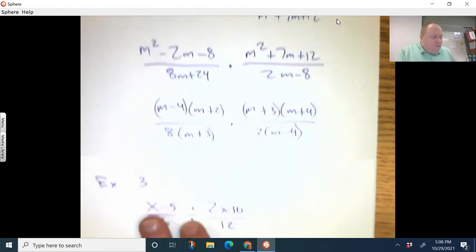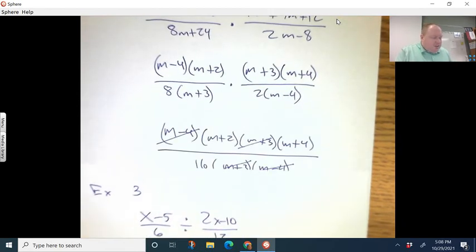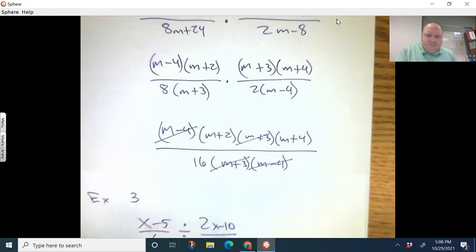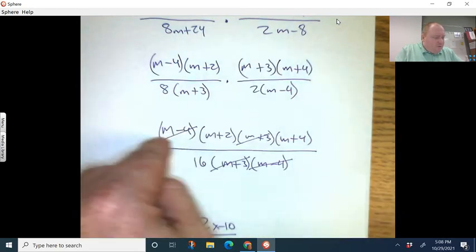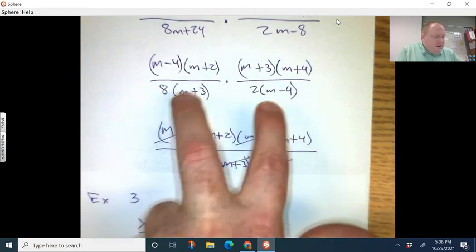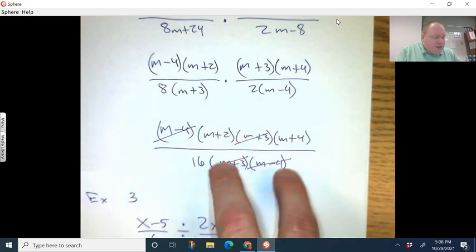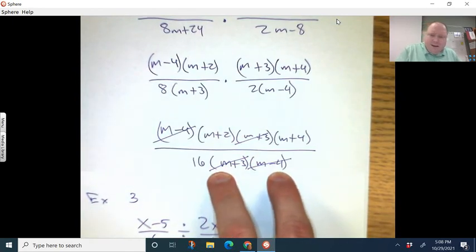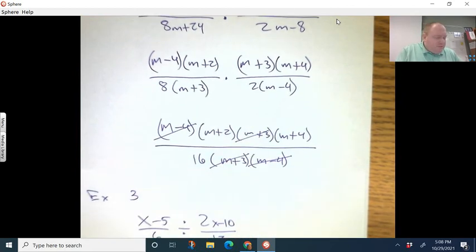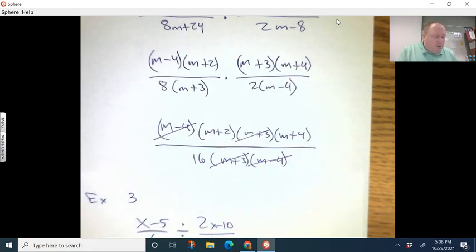So what I've done is I multiplied initially, but then I canceled. So I put all 4 of these factors up top. I multiplied 2 and my 8 to get 16. And I brought the m plus 3 and the m minus 4 down here on the bottom. The m plus 3s canceled. The m minus 4s canceled.